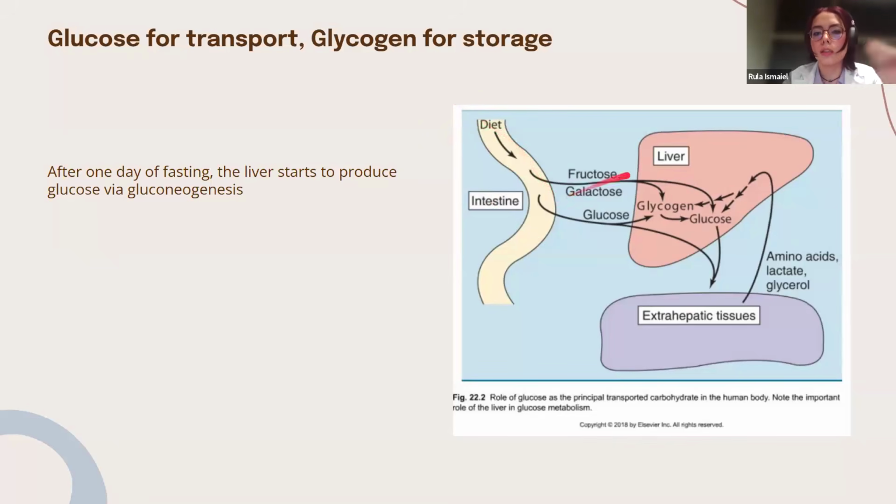Glycogen is stored in the liver and the muscles, but mainly the liver, okay? After 1 day of fasting, the liver starts to make glucose by gluconeogenesis. So it's basically synthesizing glucose to maintain a glucose level in the blood from glycogens, amino acids, or fatty acids, okay? That's it for this slide.